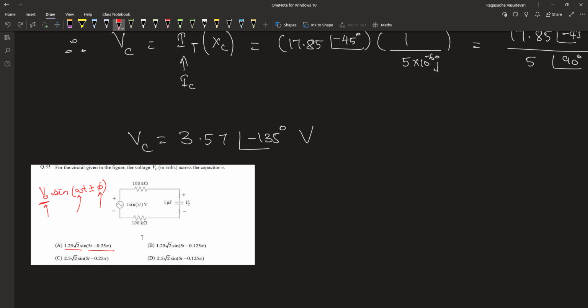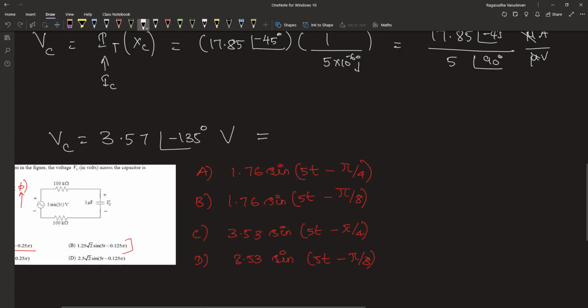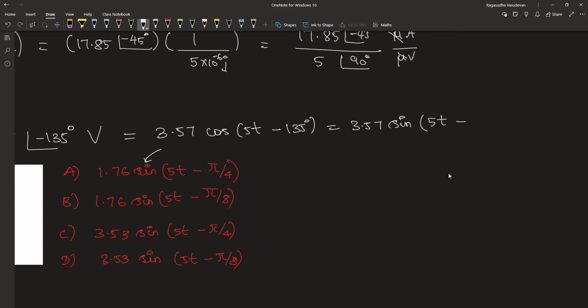Let us first convert these options into polar form and then find out the right option. The value that we got is same as 3.57 cos 5t minus 135 degree. We want the answers in terms of sine, so we can call this 3.57 sin 5t minus 45 degree.